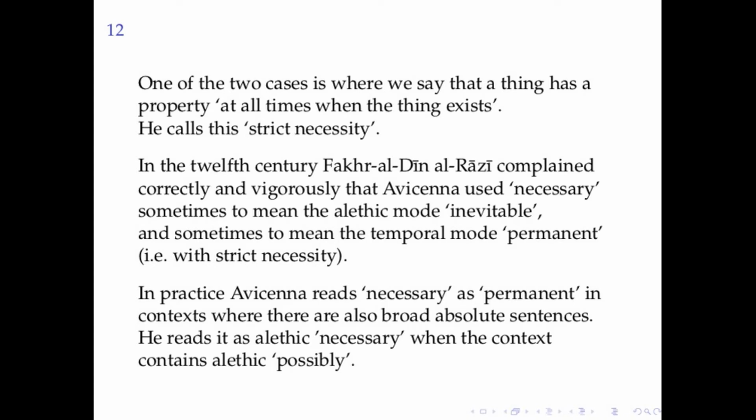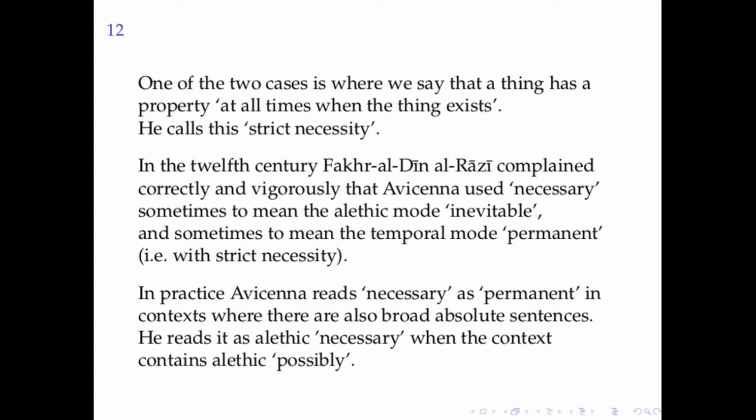And that fact infuriated his successor, the later logician, Fakhruddin al-Razi, who lived and worked in the second half of the 12th century. Al-Razi said, Avicenna and other logicians have got themselves into a state of confusion.